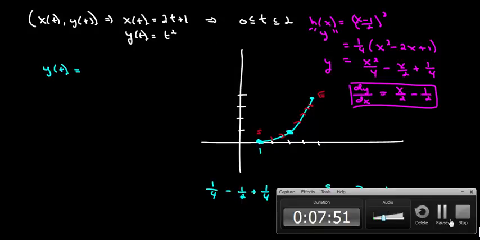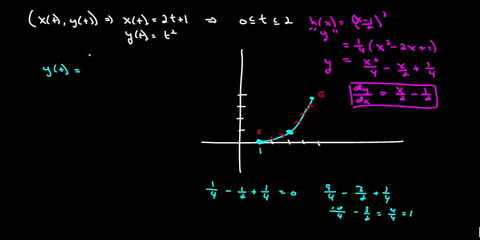Okay, here I've got a good way of describing this. So let's say I want to take d dt of y. Excuse me, I don't want d dt of y. I want d dx of y, which is a function of t.